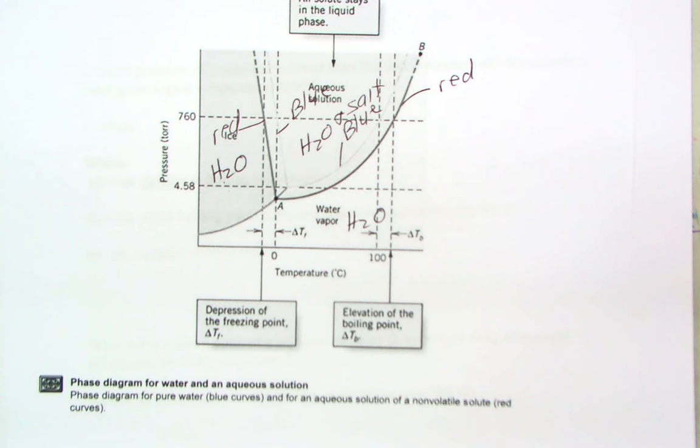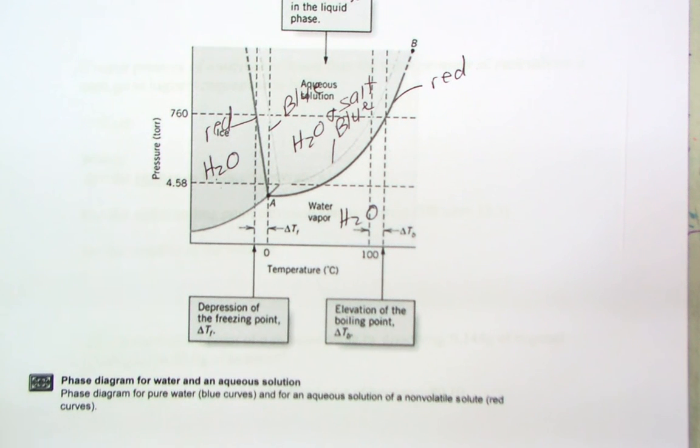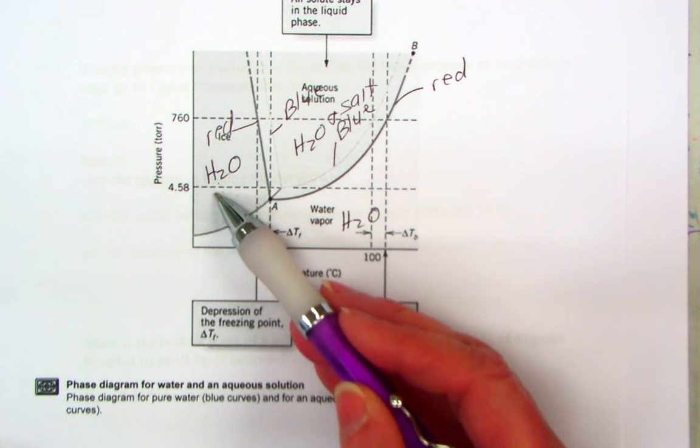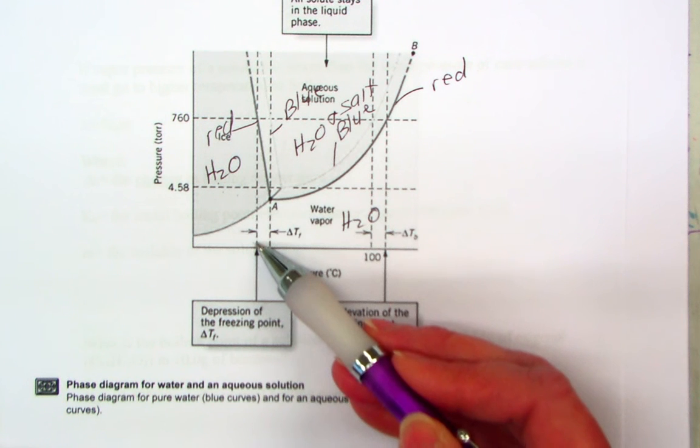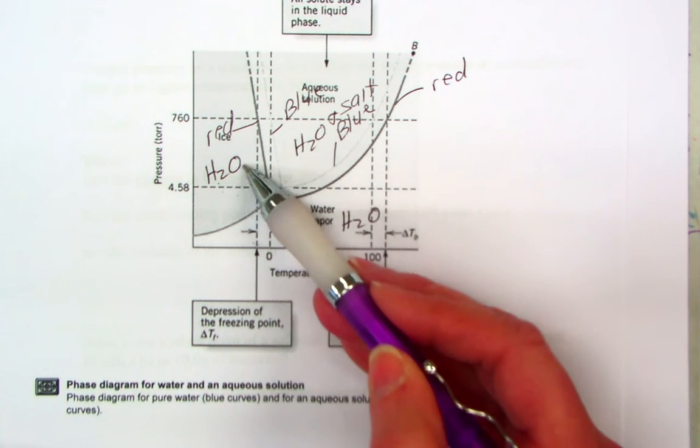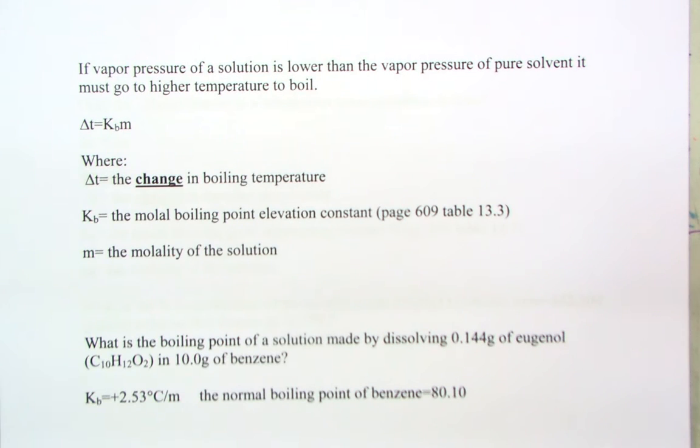That phenomenon is known as freezing point depression. So when we have a solution, the sublimation line is not affected. Pure solid water, pure water vapor. But the solution to water vapor and solution to freezing lines are affected. So now we have these two phenomena, and they are also colligative properties.